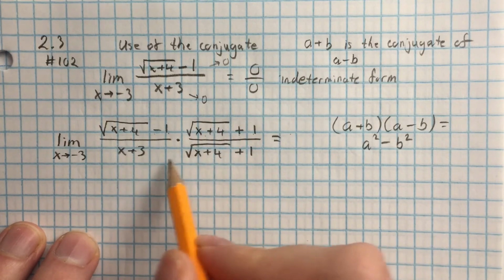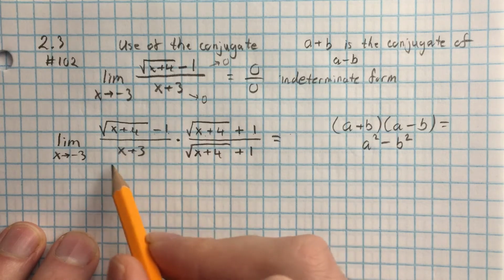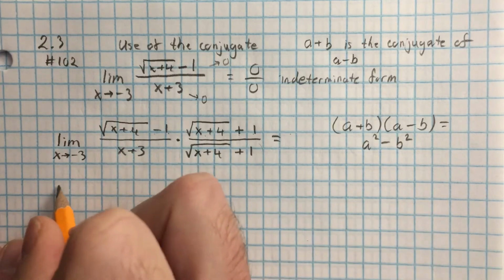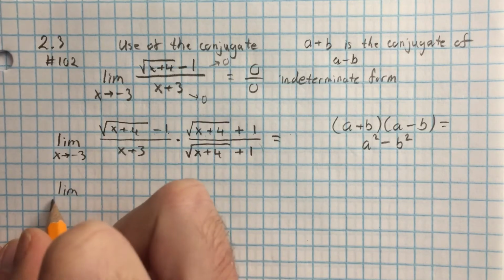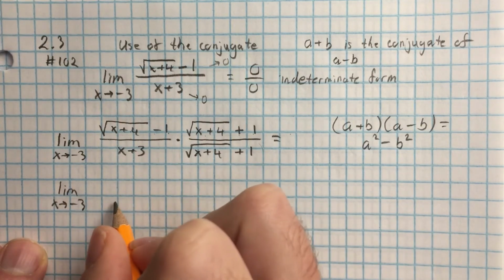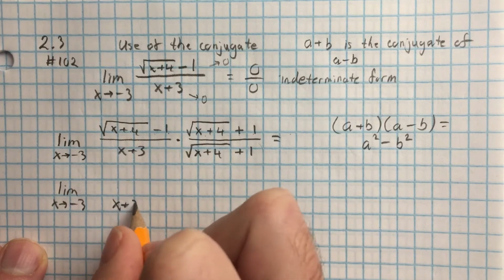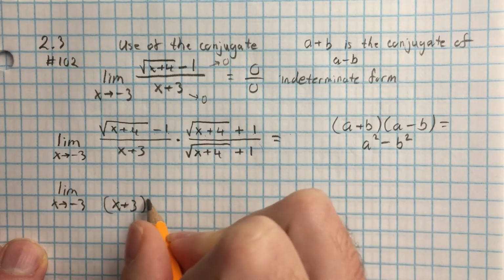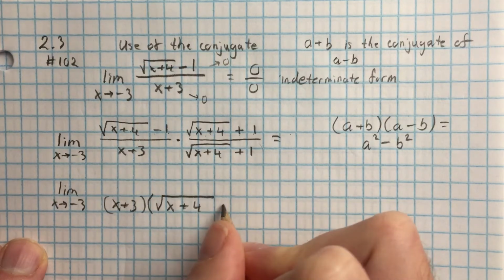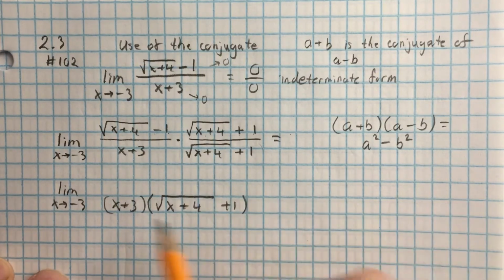The bottom I would never multiply out. In reality, I'm just going to write the x plus 3 factor by this larger denominator factor in the next move. So here we have limit x approaches -3 of the denominator, just x plus 3 as I described, multiplied onto this conjugate expression.